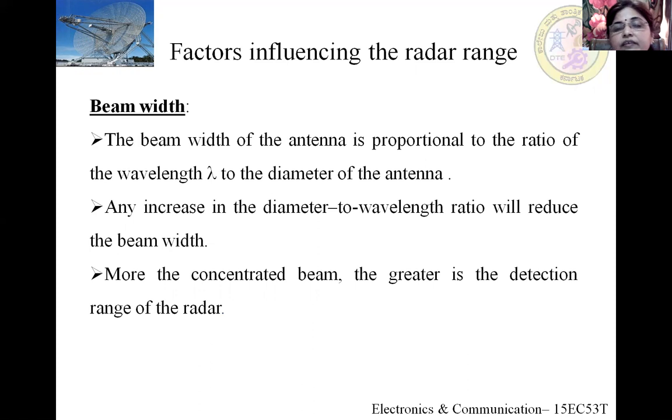The beam width of the antenna is proportional to the ratio of the wavelength lambda to the diameter of the antenna. So any increase in the diameter to wavelength ratio will reduce the beam width. The more concentrated the beam, the greater is the detection range of the radar. The longer the pulse length, the greater is the range capability of the radar because of the greater amount of energy transmitted.